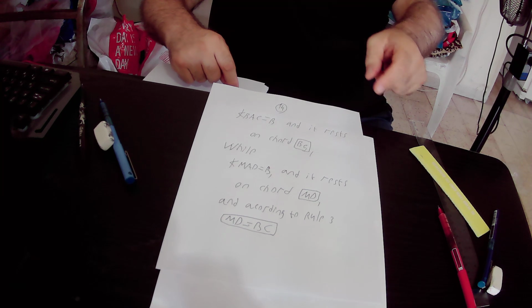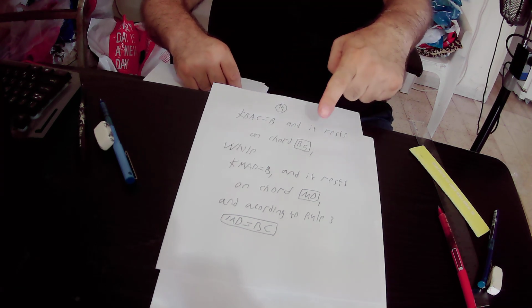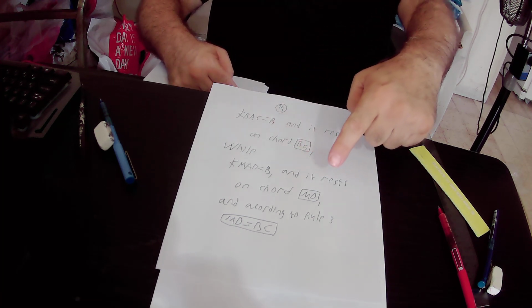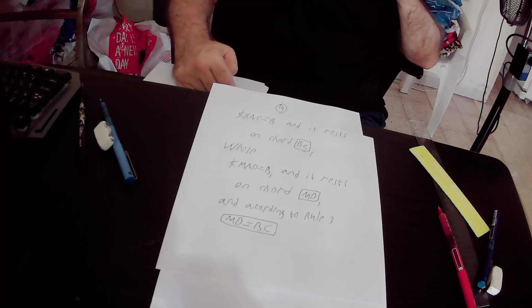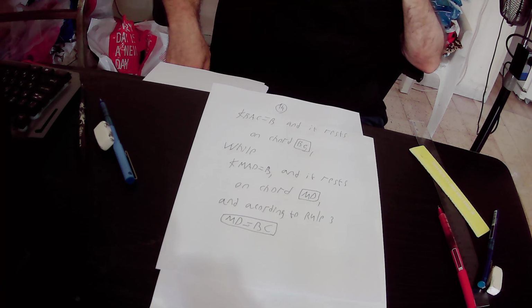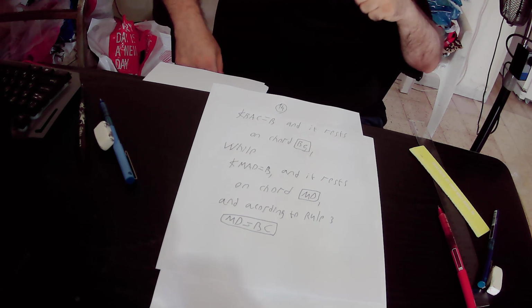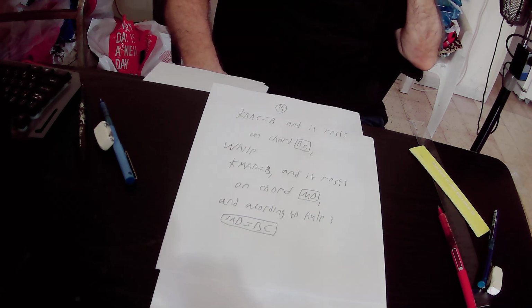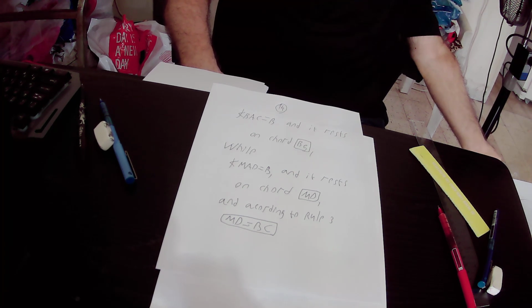Okay, so angle BAC rests on chord BC and angle MAD rests on chord MD. So according to rule number 3, angle BAC equals angle MAD, both of them equal to beta. It states that equal peripheral angles rest on equal chords.